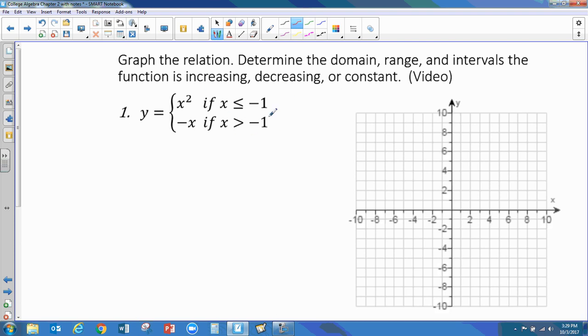So remember the first thing that we talked about is the domain. Where does this exist? And where does this exist? Okay, so what is the domain of each part? So the first part right here, I have x is less than -1.